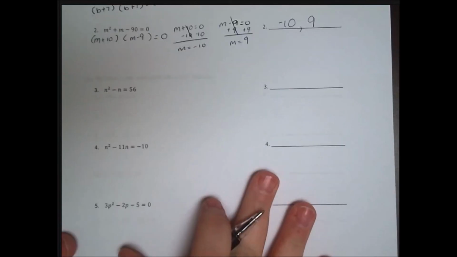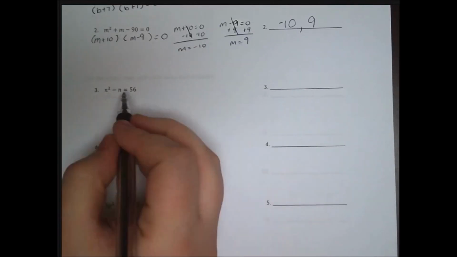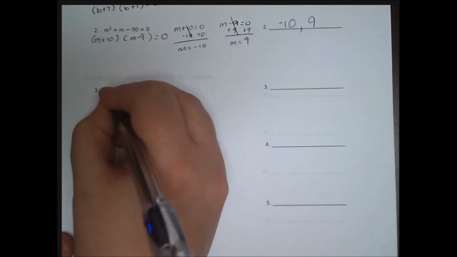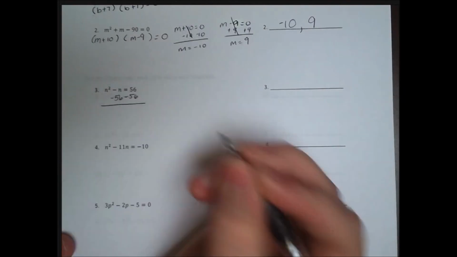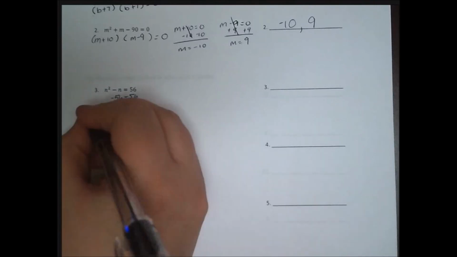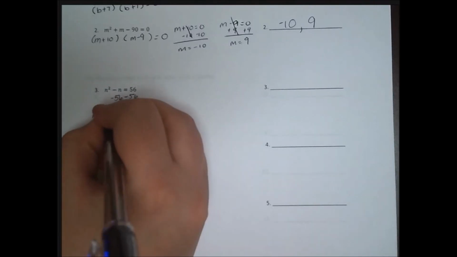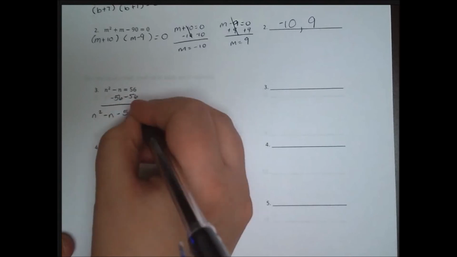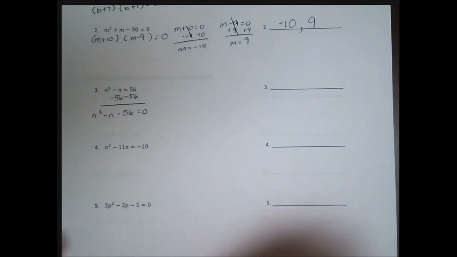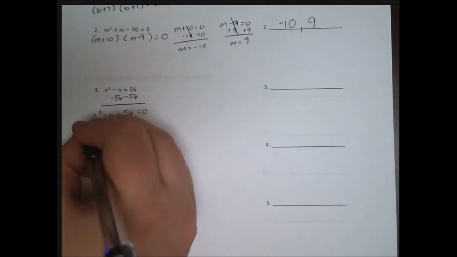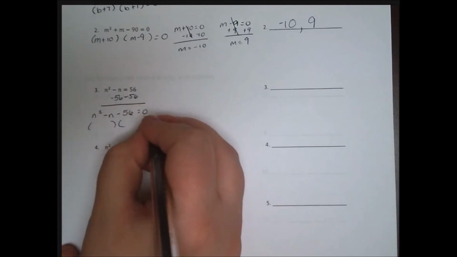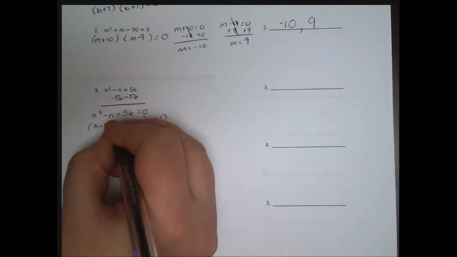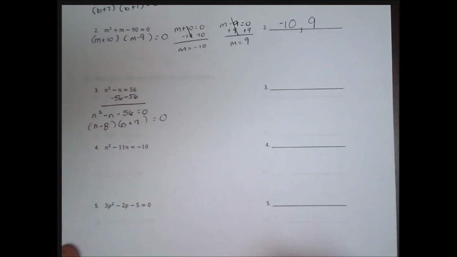For number 3, we're going to have to set this equal to 0 by subtracting 56 from both sides to give us n squared minus n minus 56 equals 0. So to factor, we would get n minus 8, n plus 7.